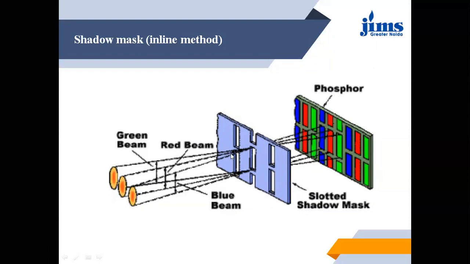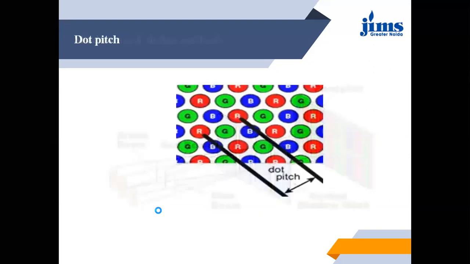The image is produced using these three beams like earlier, and the intensity decides the color. So the mask is used to produce the image location, and the intensity of these beams is used to produce the different colors.